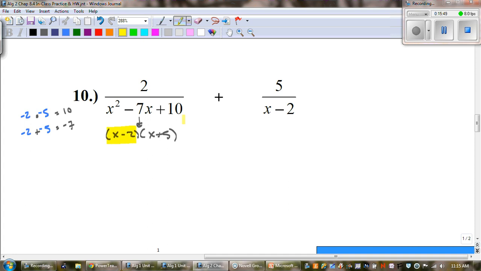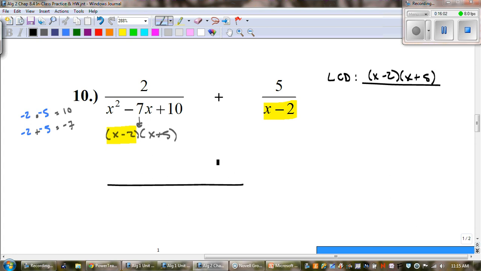And then we notice that right away they have the x minus 2's in common, but our LCD is a combination. It's got to be both. So our first fraction is fine. There's nothing we have to do, because it's already got that. But on the right, we need to multiply by x plus 5 so we can combine our like terms, okay?